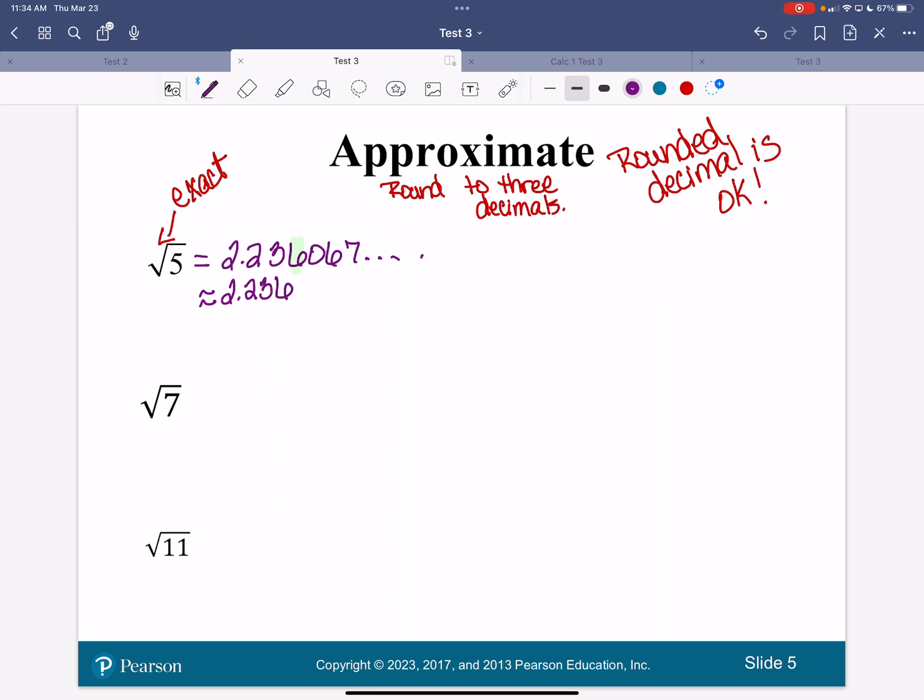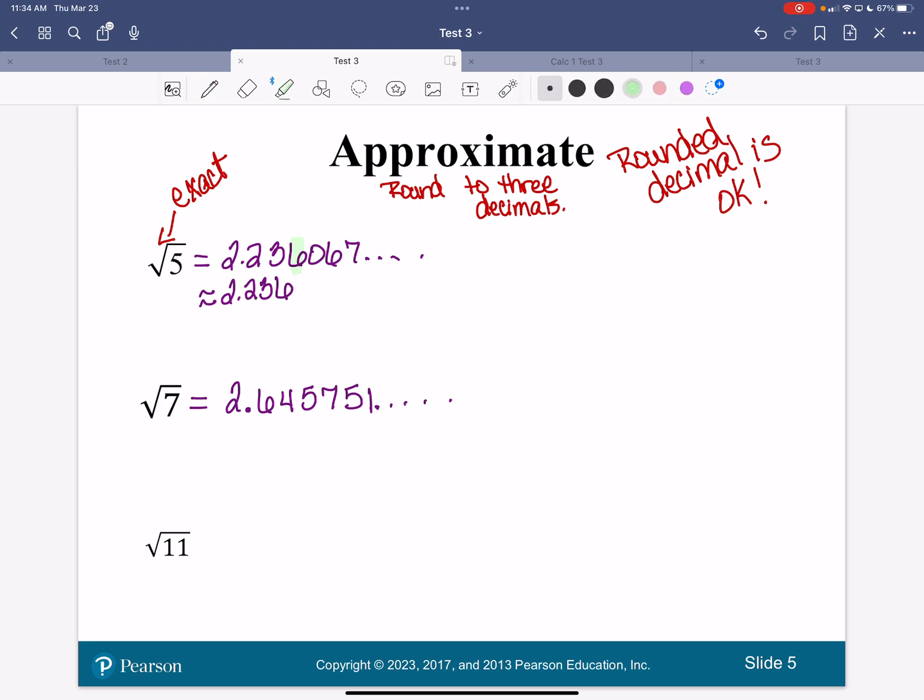Now I want you to do the same thing with 7. Take the square root of 7 and tell me to 5 or 6 decimal points what you get on your calculator. 2.64575, and then it keeps on going.